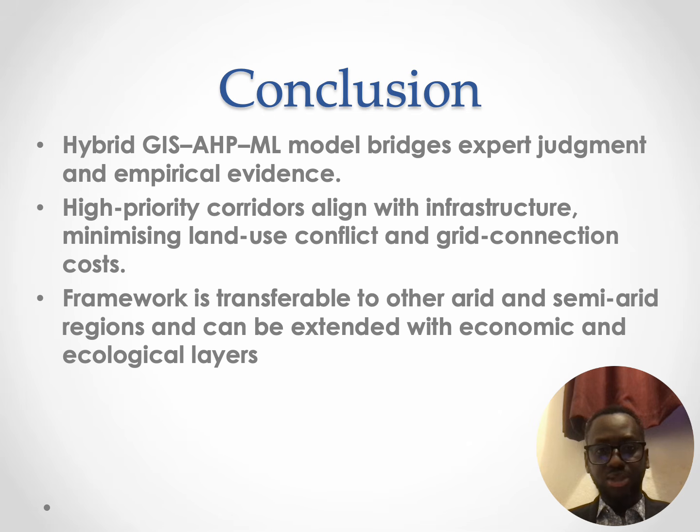The results show that suitable solar corridors tend to align with existing infrastructure, reduce land use conflict, and lower grid connection costs. The framework is flexible and can adapt to other arid and semi-arid regions. It can be further improved by introducing economic, ecological, or policy-based layers.